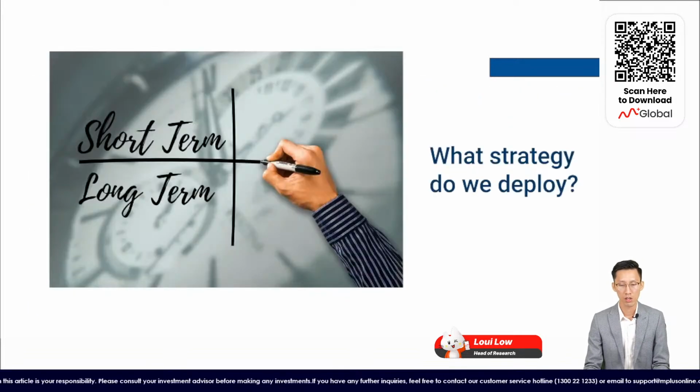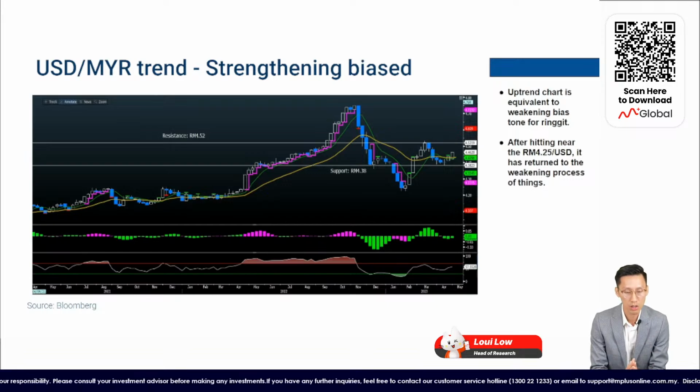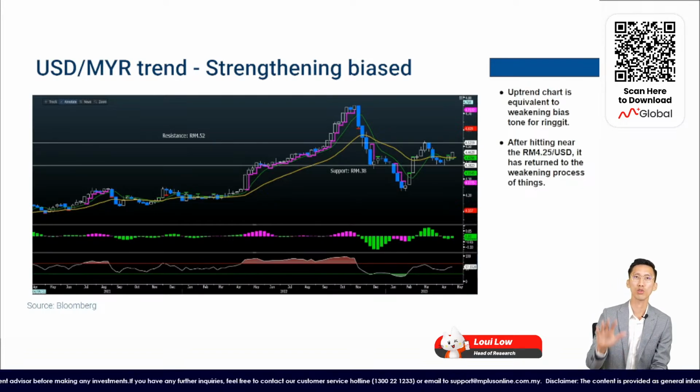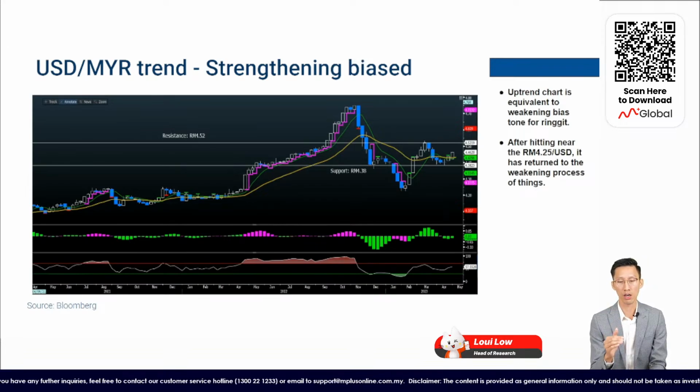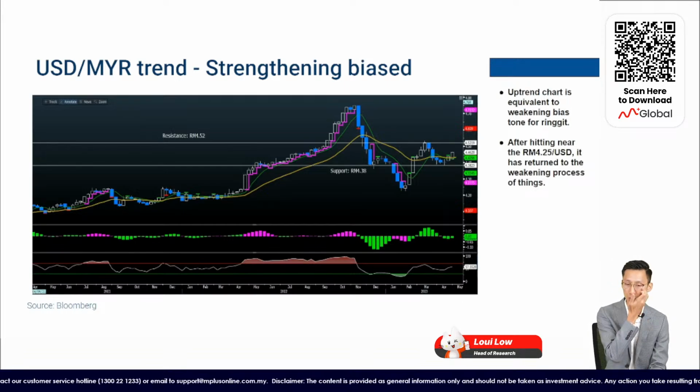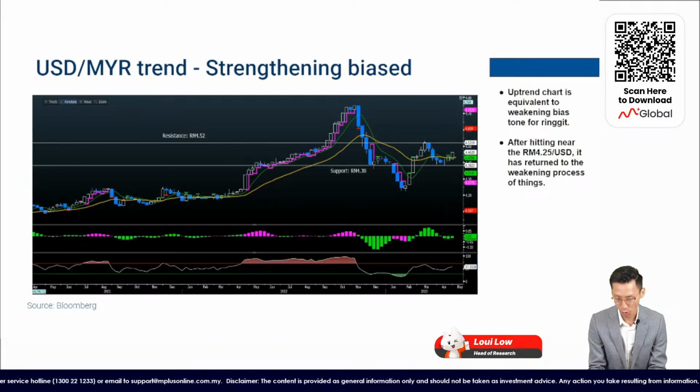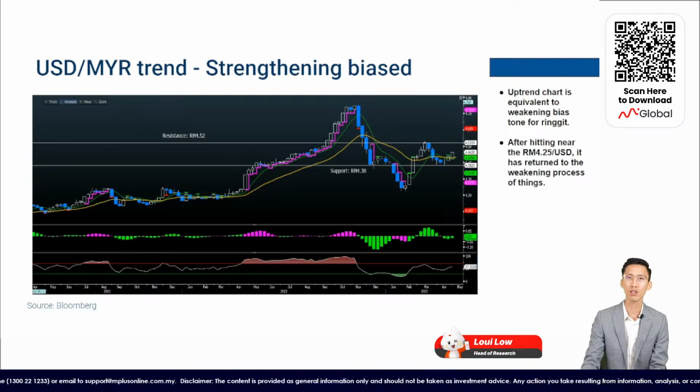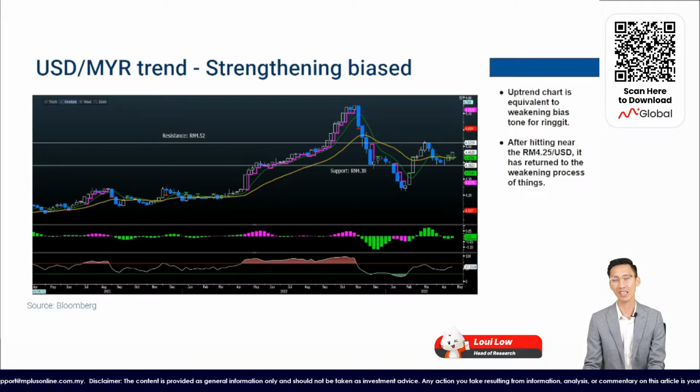On the US dollar MYR chart, I think this is very important as well, because it will dictate how you can invest in Malaysia based on this price chart itself. When this chart is going higher and higher, it means the Malaysian ringgit is on a weakening bias. So if right now it's 4.46 and it goes up to 4.7, although the chart is going up, our ringgit is on a weakening path.